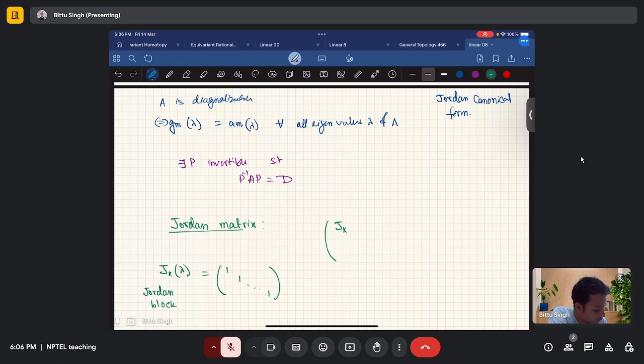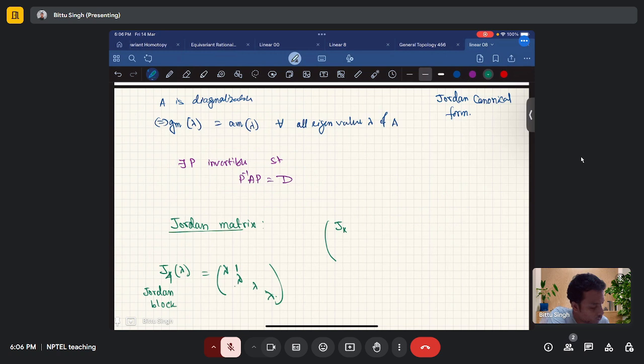It will consist of diagonal entries lambda, and another non-zero entry, 1, just above the diagonal entries. Let me write some more matrices, for example J4 lambda.